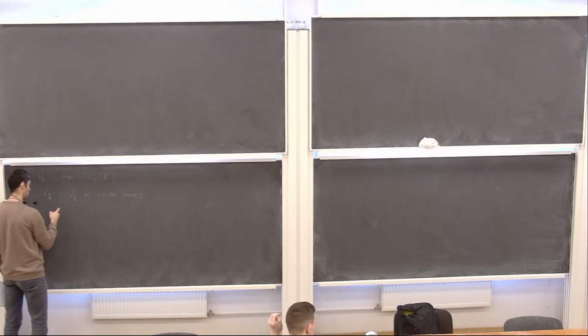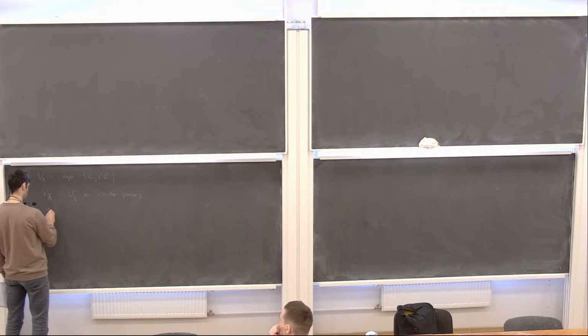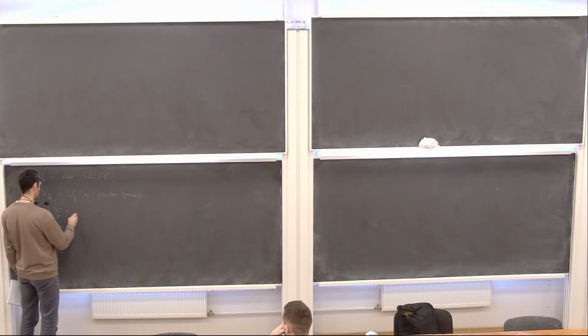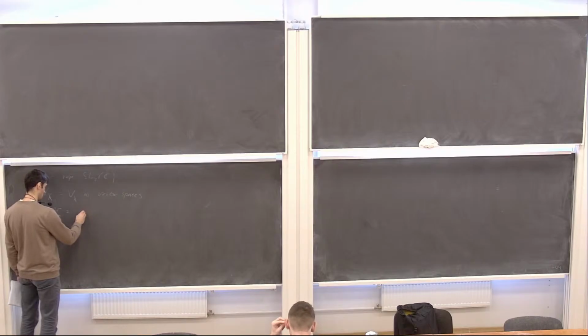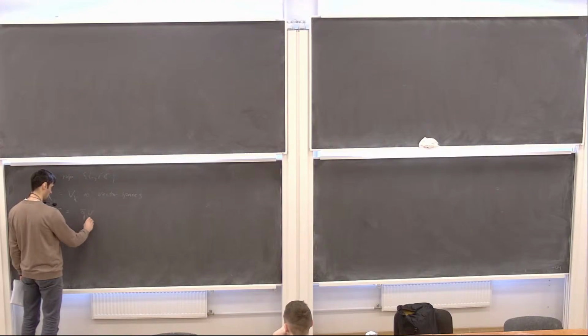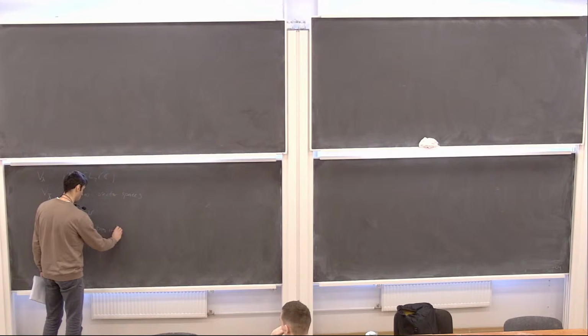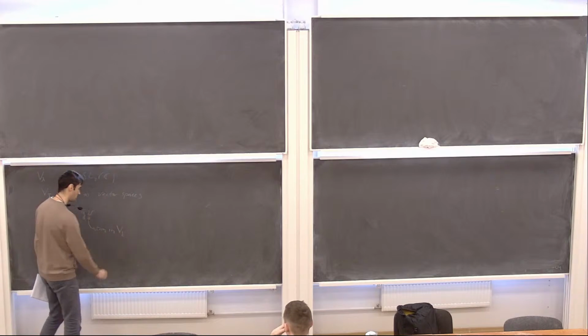And we need to say what the action of G is: if I have an element v from V lambda bar, then the action is just, I act by G bar on v, and this is the action in V lambda.